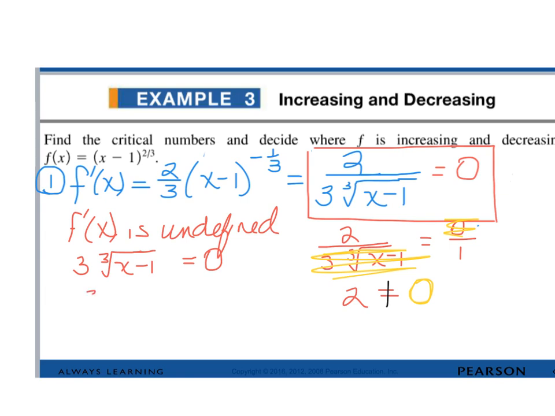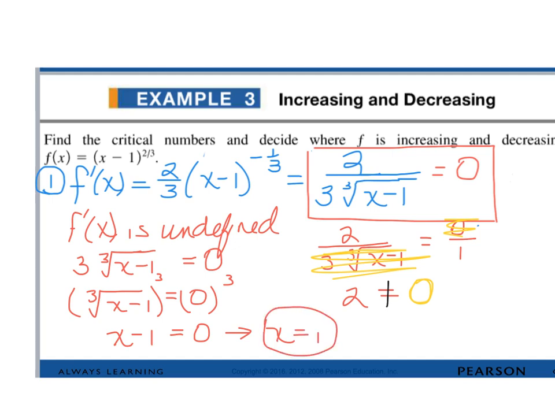And that would be when the cube root of x minus 1 is equal to 0, because obviously 3 is not 0. And if I cube both sides of this, that means that it's going to be where x minus 1 is equal to 0, which happens when x equals 1. So this is your critical value.